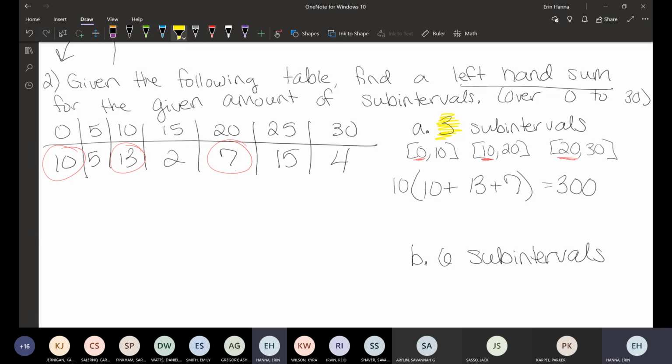So if we're breaking a total distance of 0 to 30 into 3 pieces, it's going to be sets of 10, which is why we're going from 0 to 10, 10 to 20, 20 to 30. Since we're asked for the left-hand sum, I'm going to take the left x value and find its y value. We're going to use the y values of the left endpoints. The left endpoints are 0, 10, and 20, so that's why I'm only using those 3 values.